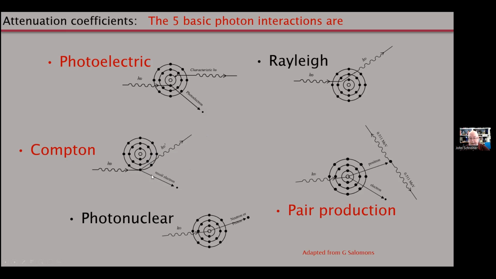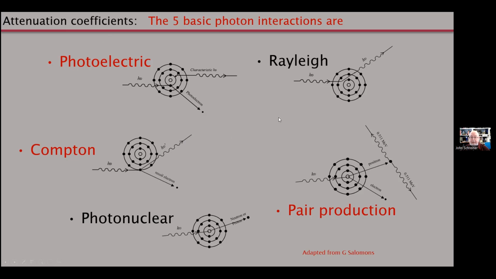And it's this electron now that is going to be giving energy to the medium. This photon might still have very high energy, and so it will interact further down into the medium.